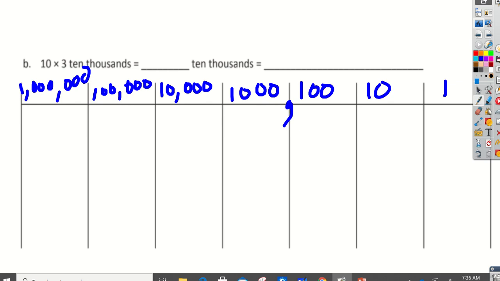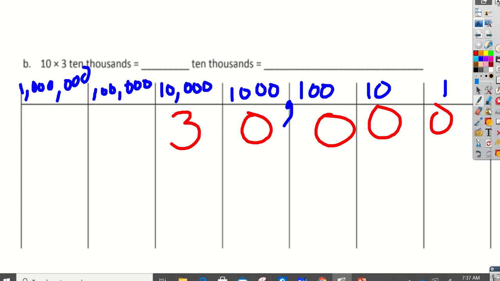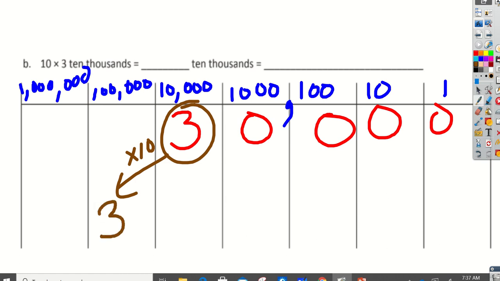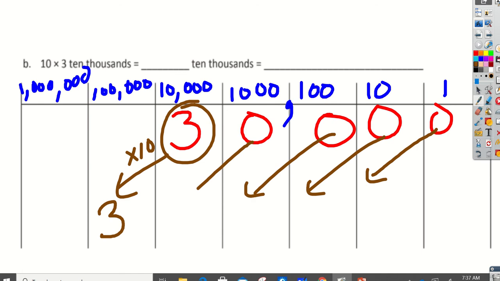We are now multiplying by 10. However, the number we're actually going to put into the chart is 30,000. So right now I'm going to put 3 in the 10,000s spot, and these other places become 0, making this number 30,000. When we multiply by 10, all the digits are just moving over 1. So that means this 3 would move over to the 100,000s place. And the zeros will just move to the next unit by multiplying by 10.